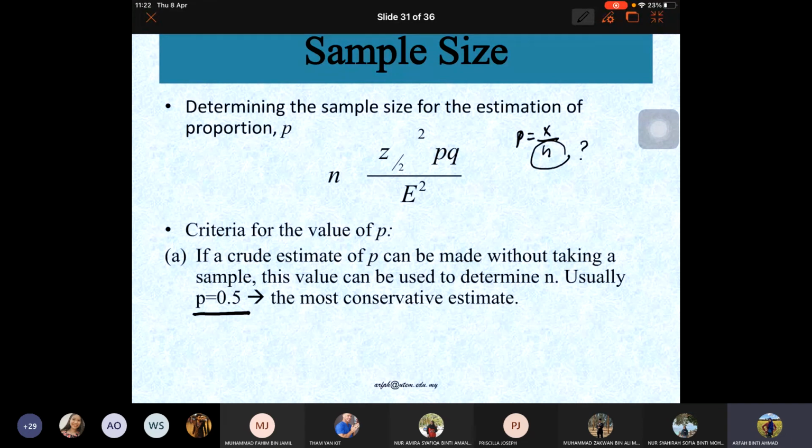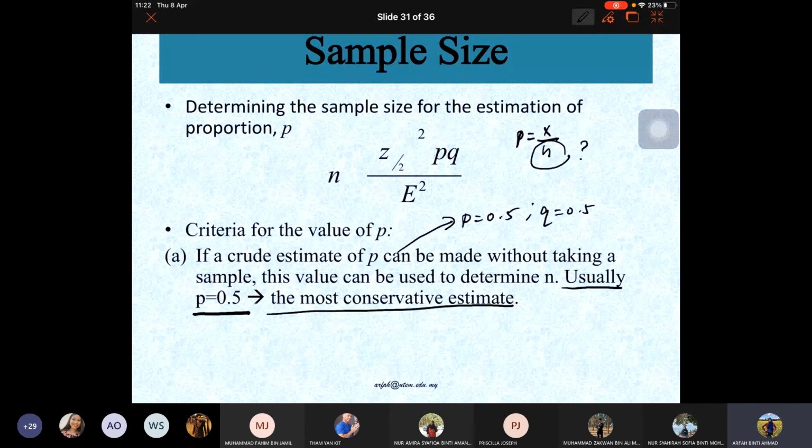So memandangkan proportion dia tak ada, memandangkan kita baru nak tentukan sample size dan proportion tu pun tak ada, kita boleh assume P sama dengan 0.5, Q sama dengan 0.5. This one, usually P equal to 0.5 is the most conservative estimate, yang paling traditional lah, yang paling memang dipakai sedari dulu kalau tak ada nilai dia punya proportion.